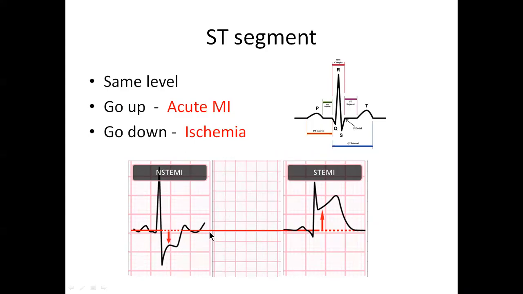It can stay at the baseline, or it can go up like this, or it can go down. If it goes up, that's an acute MI. So we call it ST elevation myocardial infarction or STEMI. And then if it goes down, it's usually ischemia.